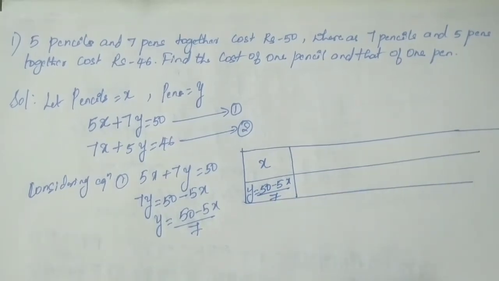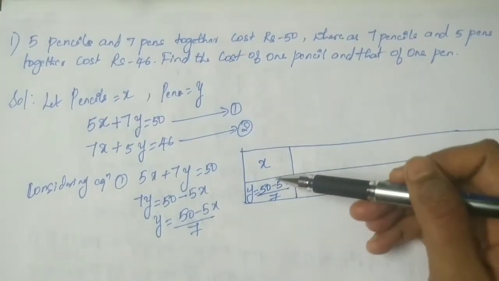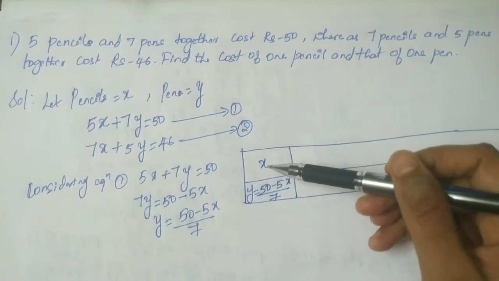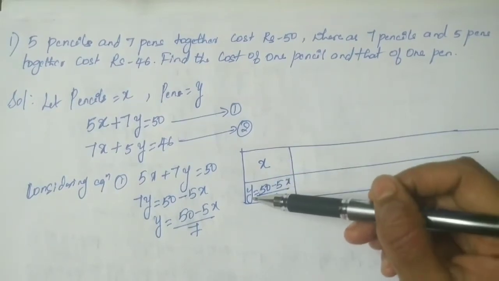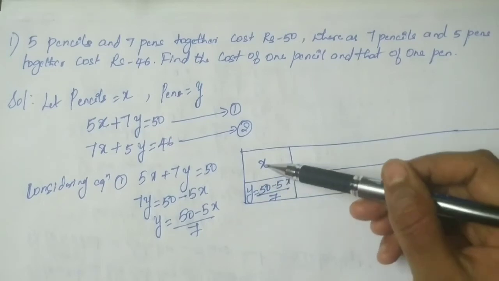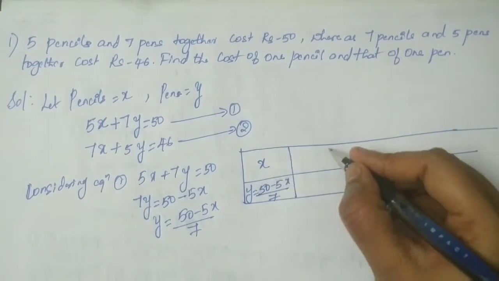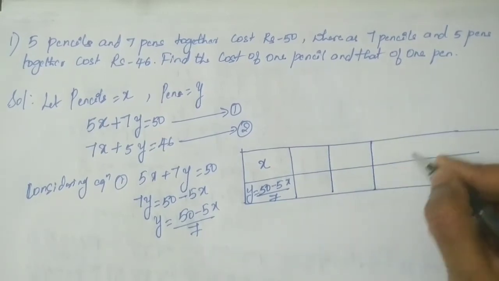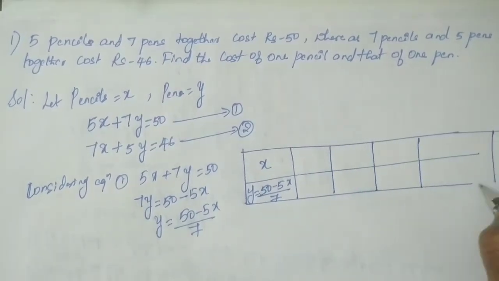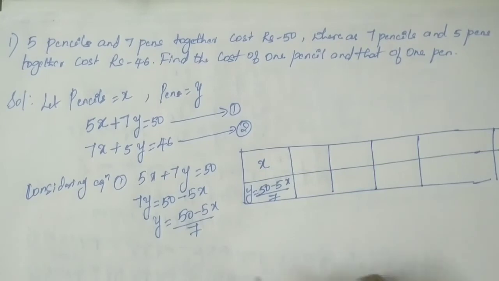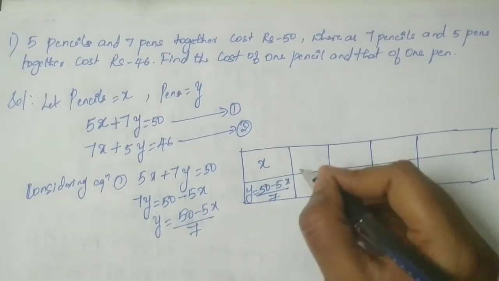Now ultimately you need to find the solution. That is nothing but the points which satisfy these two equations. So you can take any value of x and substitute it in the value of y. Those points are nothing but the solutions of the equation. And every solution will lie on the given straight line.